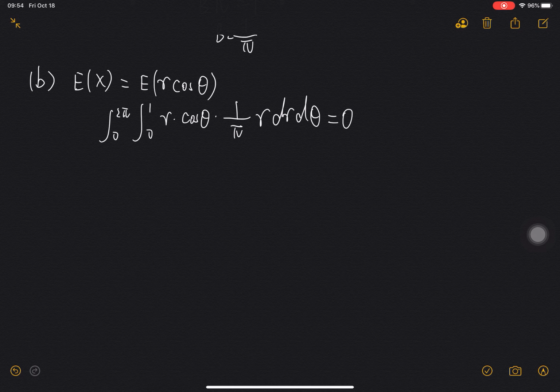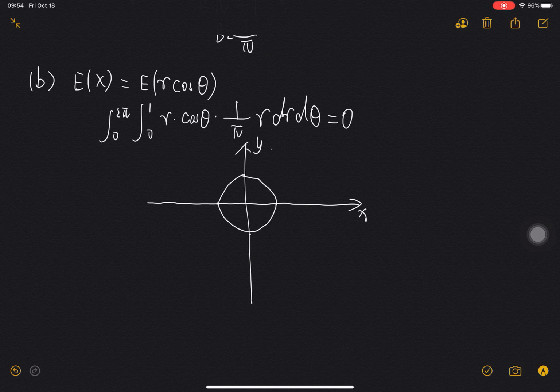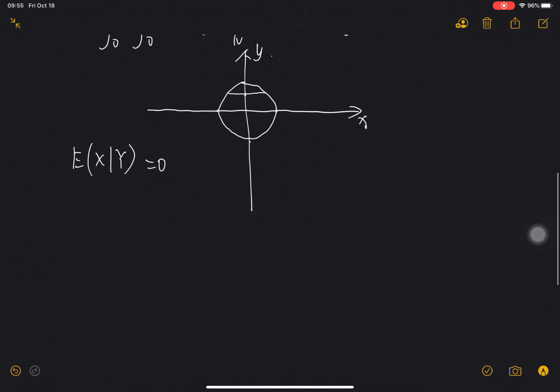And then we can draw a figure like this. So this is x and y, and we know that for a conditional expectation of x given y, no matter how large or how small this y is, for example, if y is this point, the expectation of x should be 0.